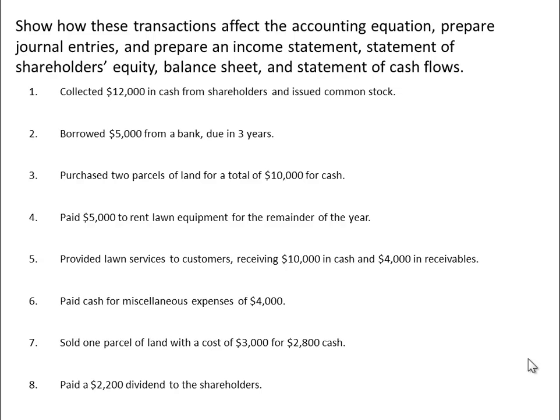So in number 1, when we collect $12,000 in cash from shareholders and issuing common stock, we're going to be debiting cash for $12,000 and we're going to credit common stock for $12,000.